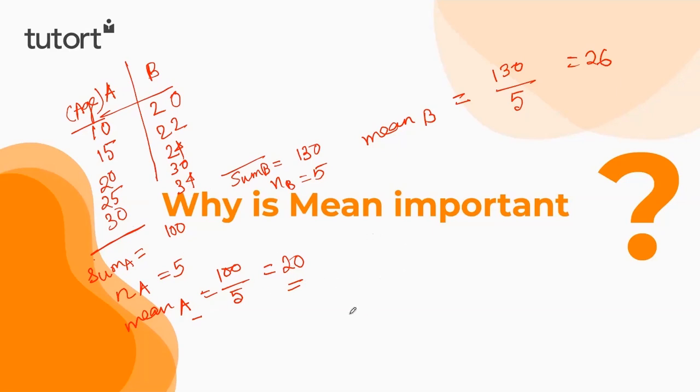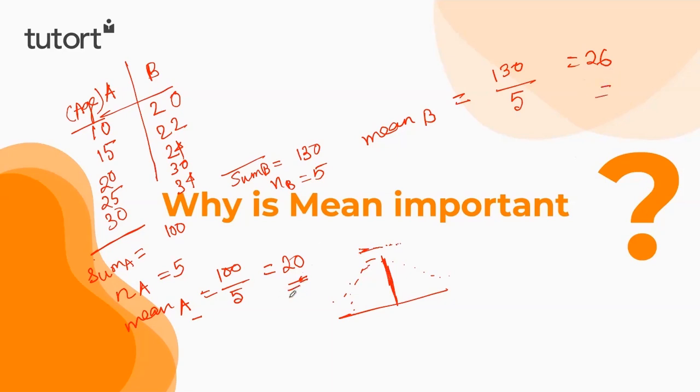Because what mean says is, if lots of data points are there and the mean is somewhere here, then the majority of the data points, in this case the ages of the employees, will fall around, near the mean. There will be very few data points far from the mean. So here it is 20 for Group A and 26 for Group B.